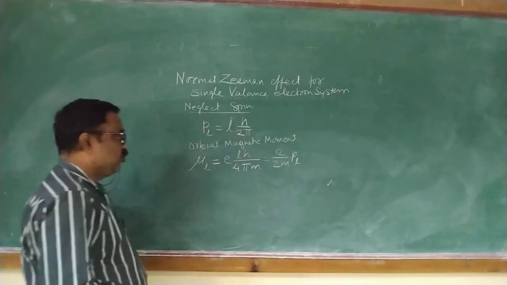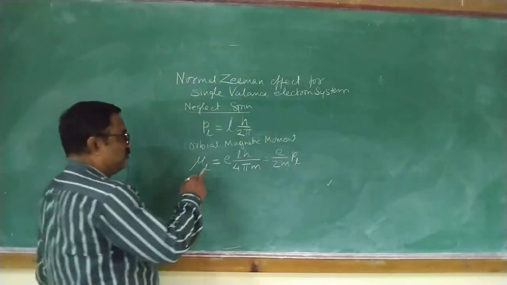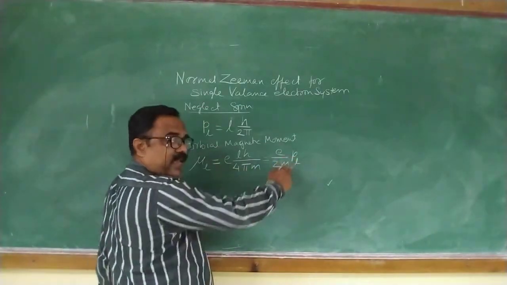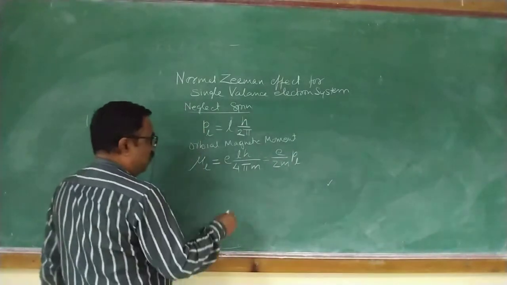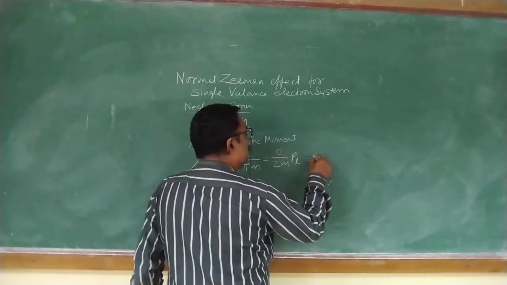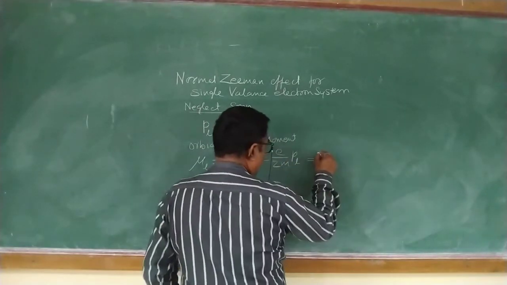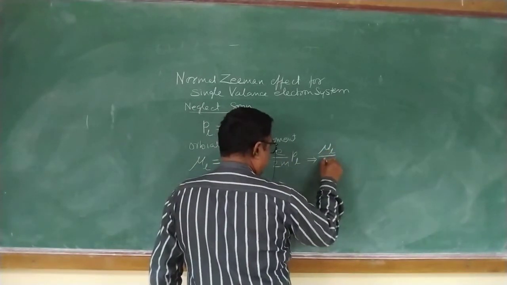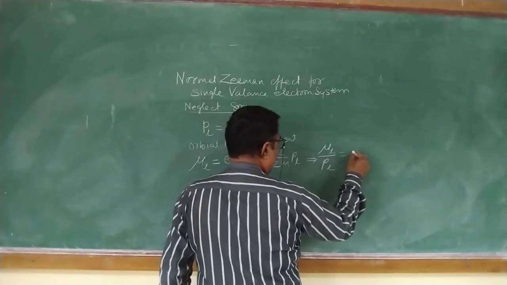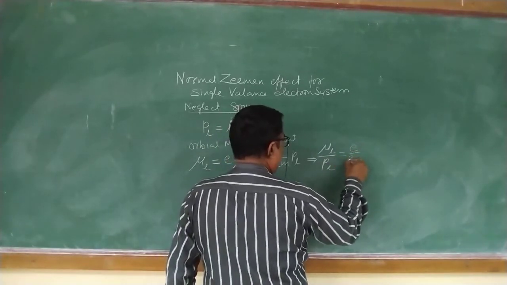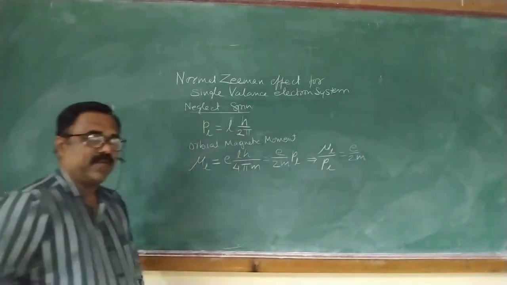So mu L is equal to e by twice m PL, or we can have the ratio between the two: mu L by PL is equal to e by twice m.